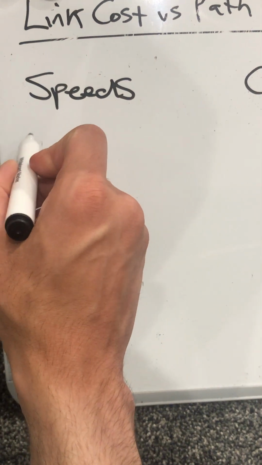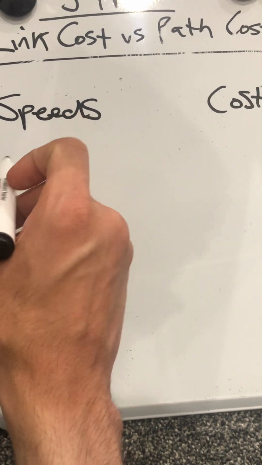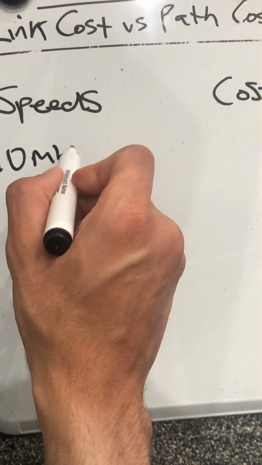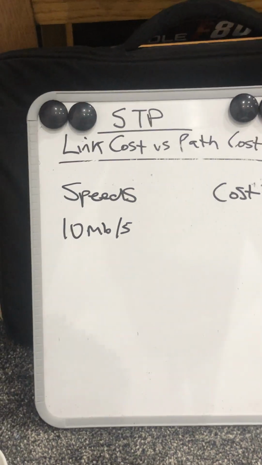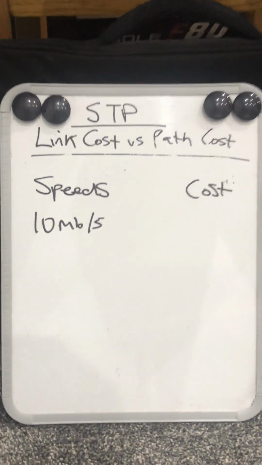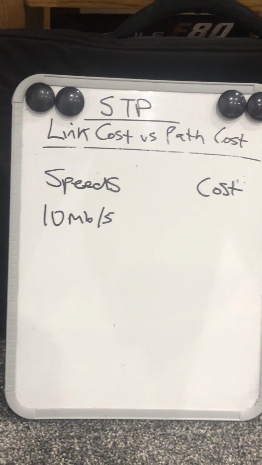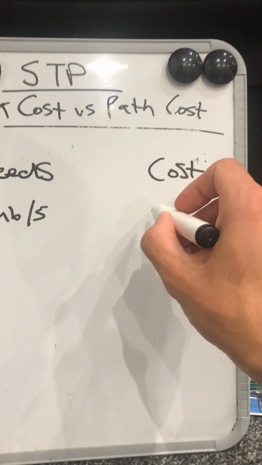Let's start off with 10 megabits per second. If you're in the CCNA textbooks, this will most likely be the first speed which is given an attributed cost. So this has a cost of 100.